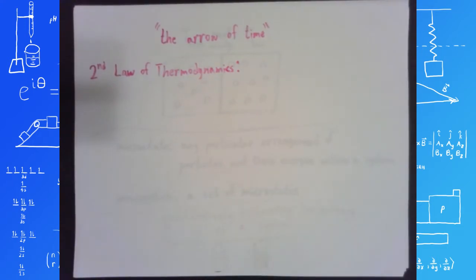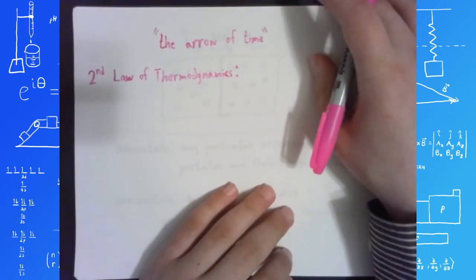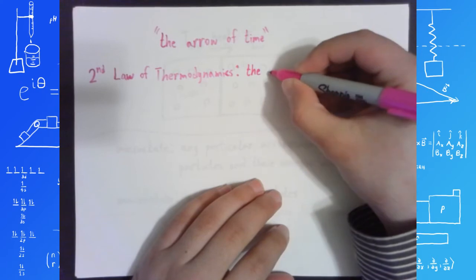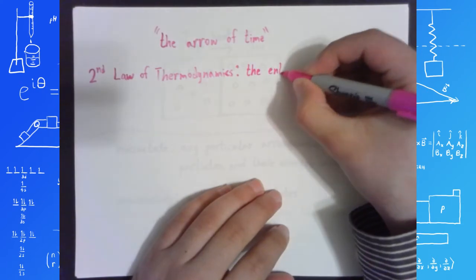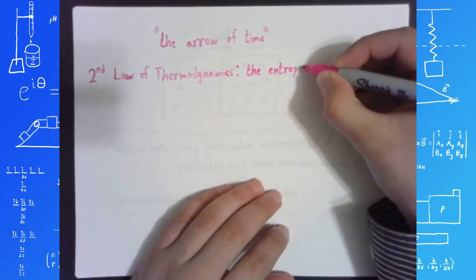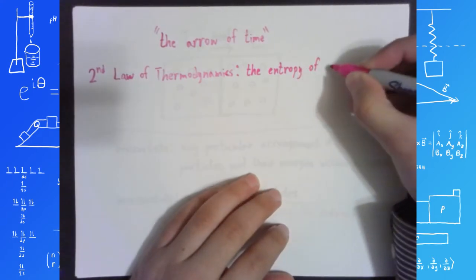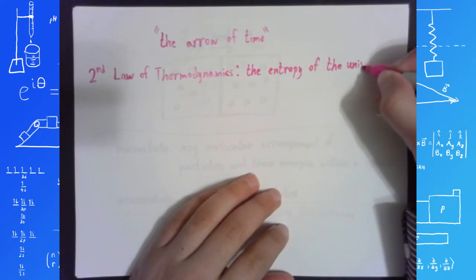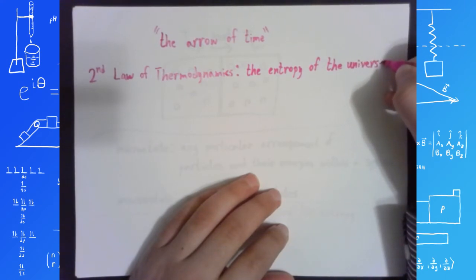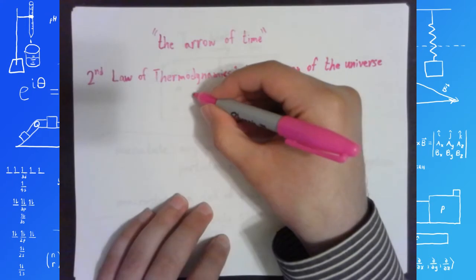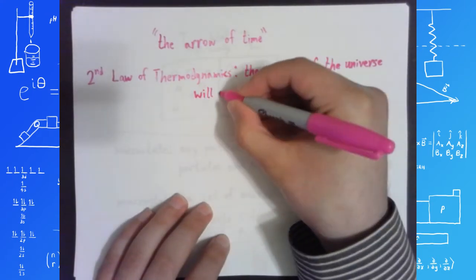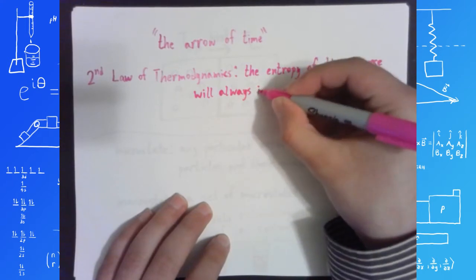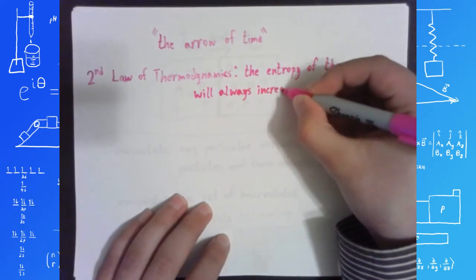The second law of thermodynamics says that the entropy of the universe will always increase for any spontaneous process.